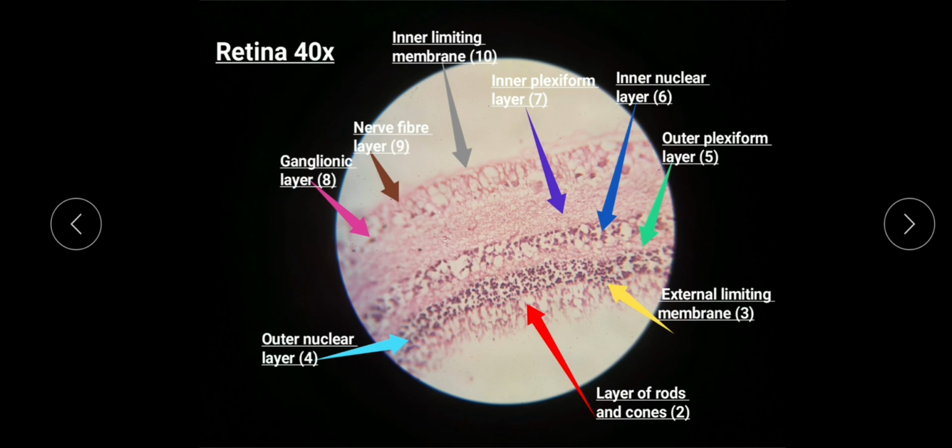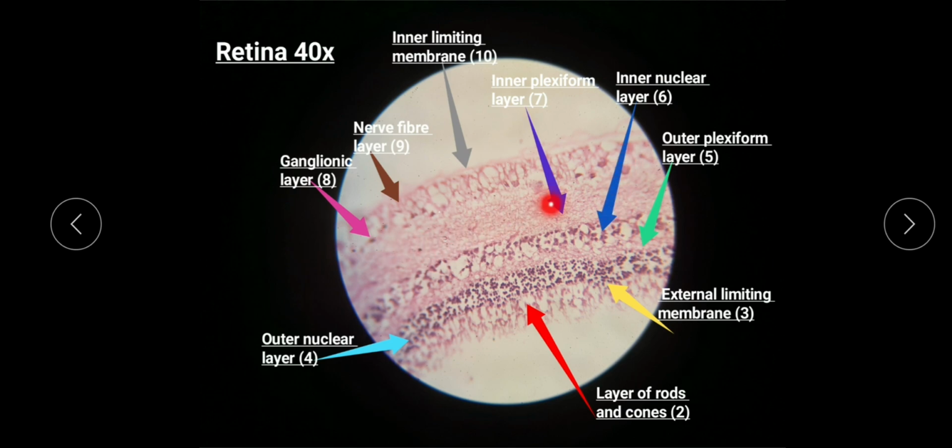nuclear layer. After that, the plexiform layer shown with the light green arrow is the outer plexiform layer. After that, the blue arrow indicates again the nuclear layer, having the nuclei of four different types of cells, that is the inner nuclear layer.